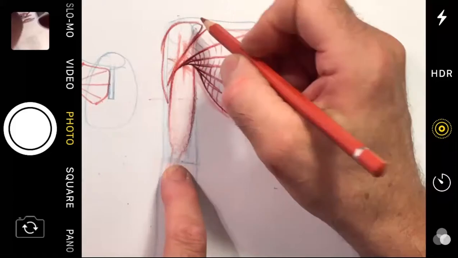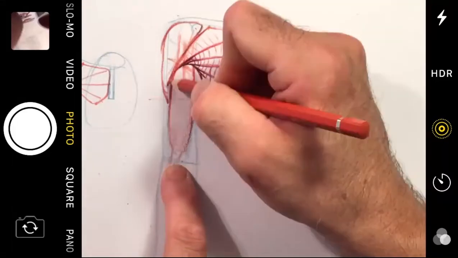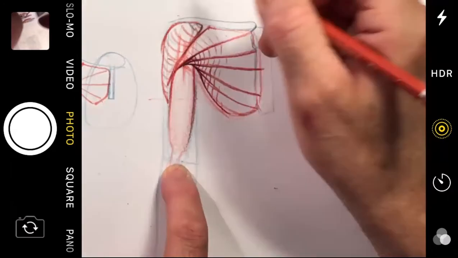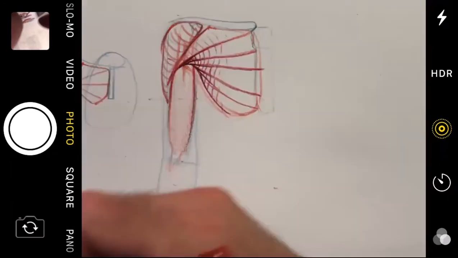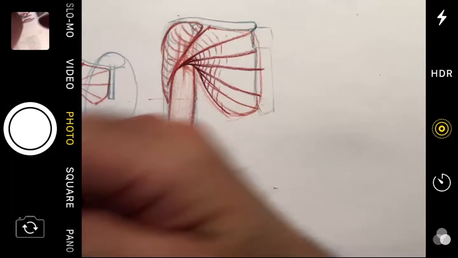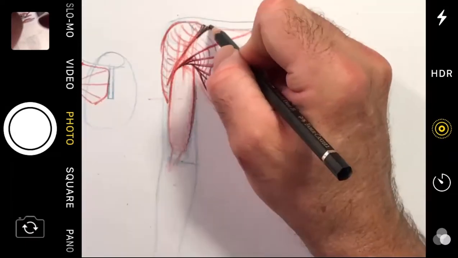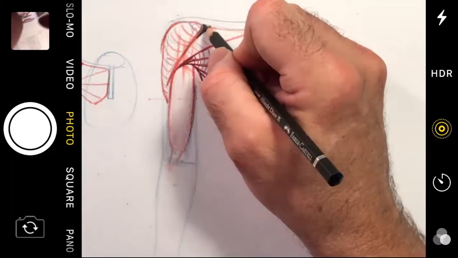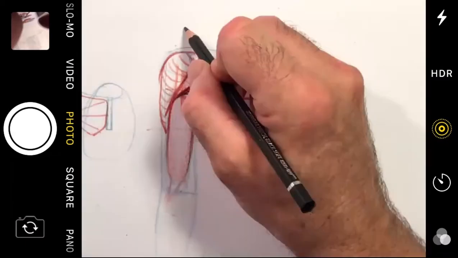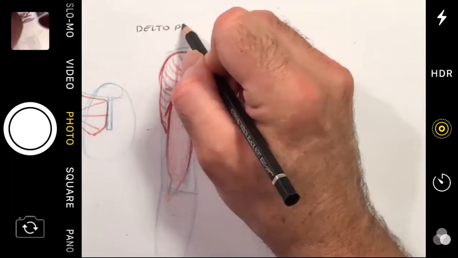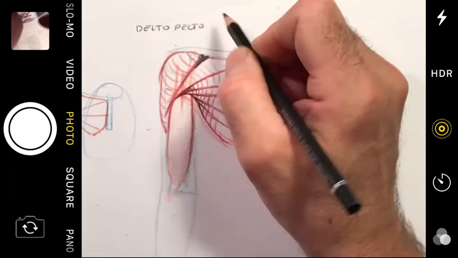So this now is the deltoid, right? So at this point in here, there's a little bit of a triangular space here. That's the depression I was telling you about, right? There's a little depression, and that is called the deltopectoral triangle.